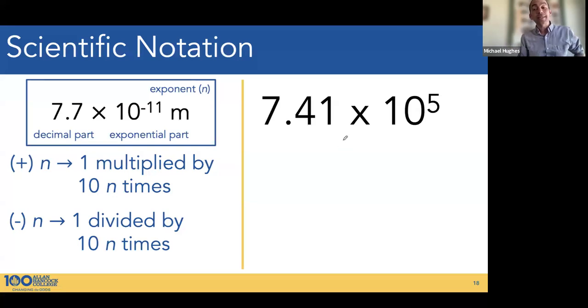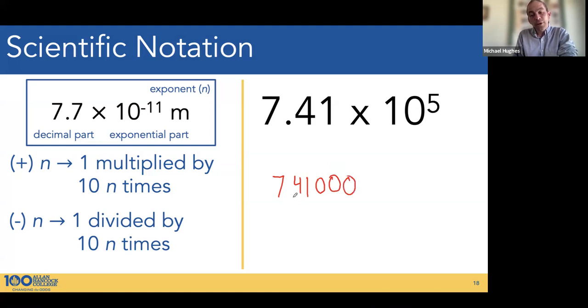And if we're given scientific notation and we want to go to the decimal notation, so if we have 7.41 times 10 to the 5th, how do we write that in decimal? So start with the number 7.41, and we're going to move the decimal point 5 times. We'll need a few zeros.